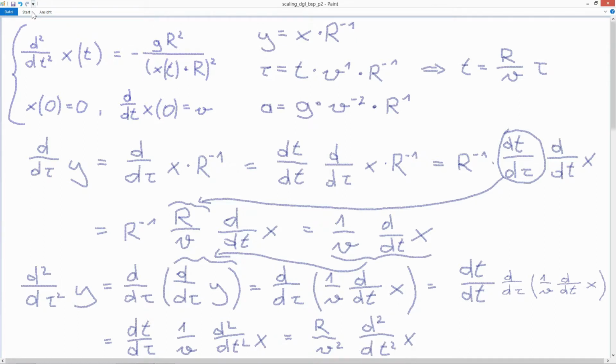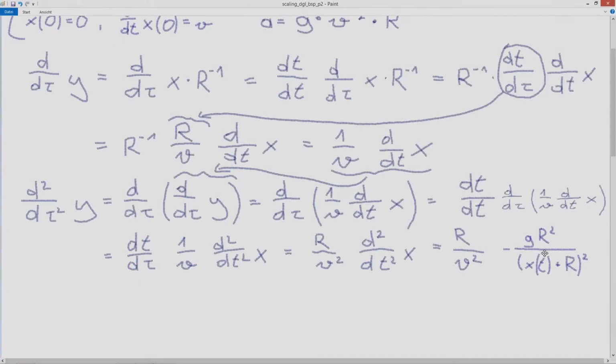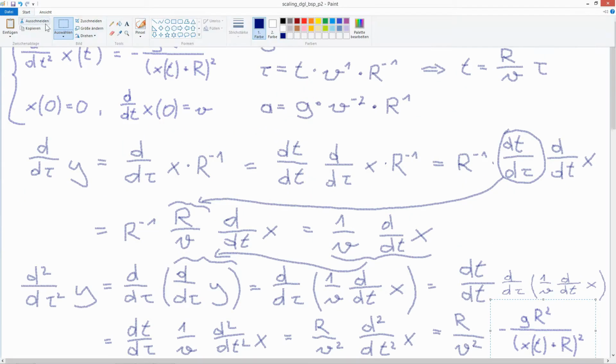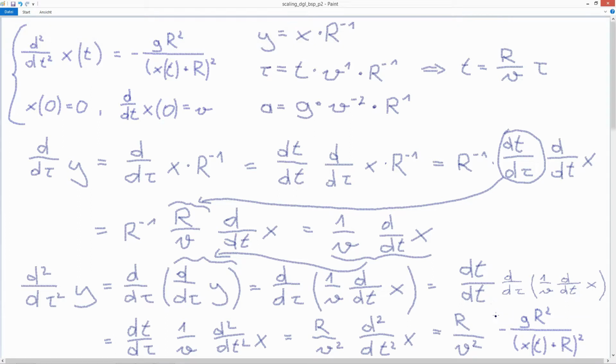So let's do it like this. Copy, paste. So this here is that, and we get it from the differential equation.